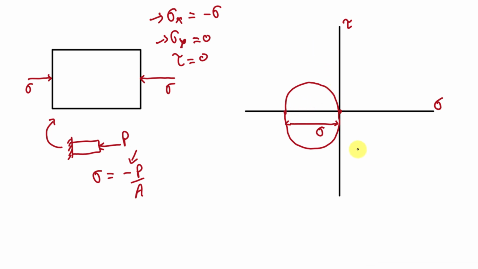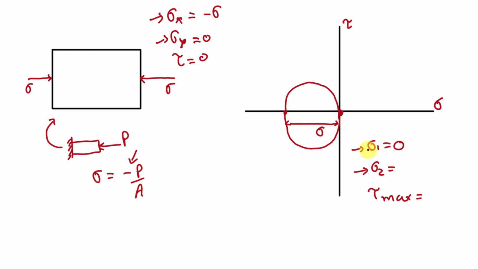Fine. Now from this Mohr circle we can find out sigma 1, sigma 2 and tau max. Now here this point will show sigma 1, this point will show sigma 2. So in this case the value of sigma 1 will be 0, right? Because the distance of this point from this origin is 0.